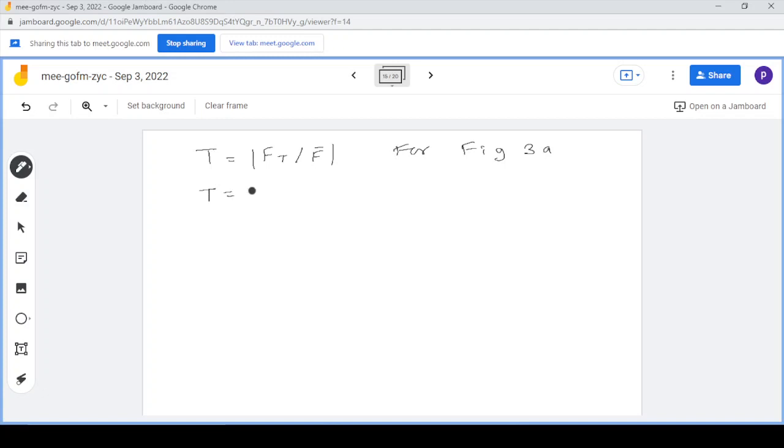And this T is equal to x1 by x for figure 3b. Let us call this equation 1, equation 2, right?